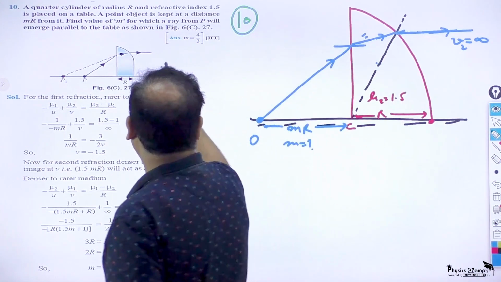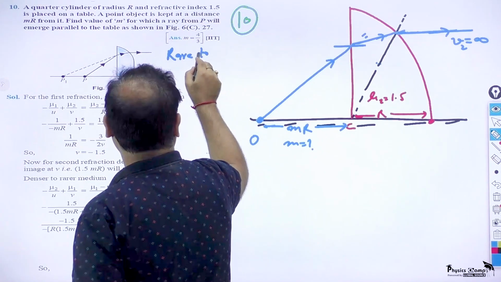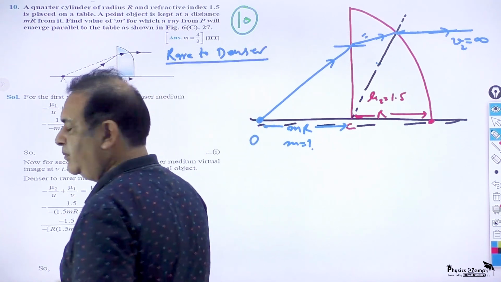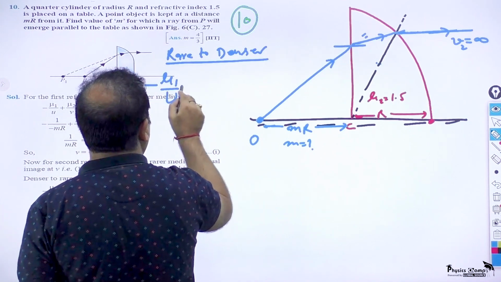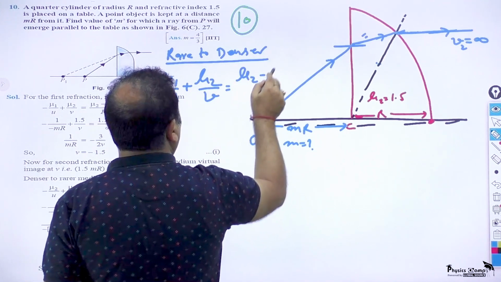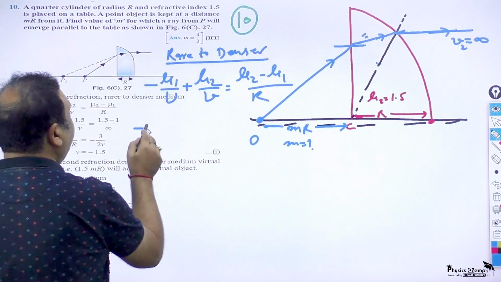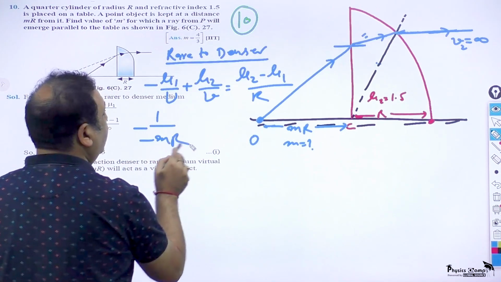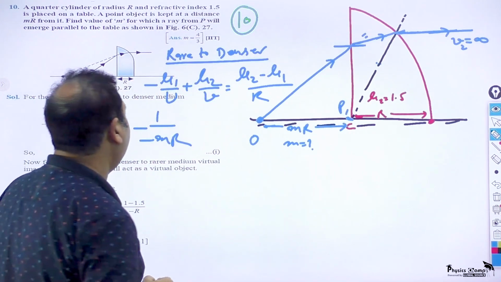So I take the first case, from rare to denser. And when we talk about rare to denser, we write minus mu1 over u plus mu2 by v is equal to mu2 minus mu1 by r. u will be, in this case, minus mr because the first pole is here, and it's a case of rare to denser.